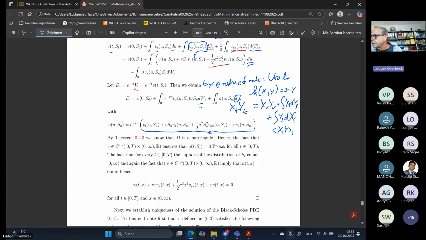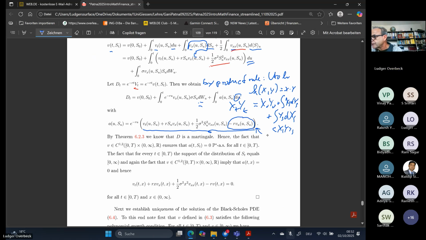So as an add-on, Vt remains, this remains, this remains, and you also get this from the discounting, minus I. Okay, so what's called the drift, that's what you integrate with du, the drift coefficient in terms of diffusion process, is this one.